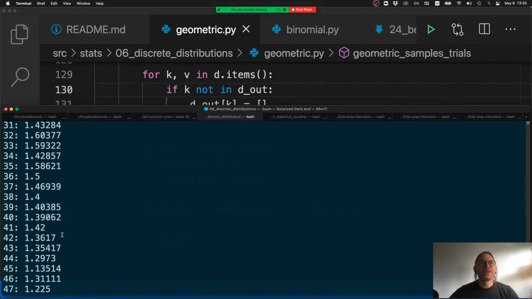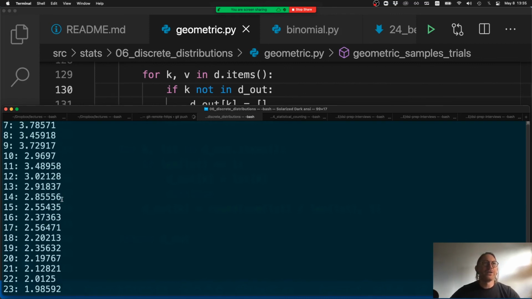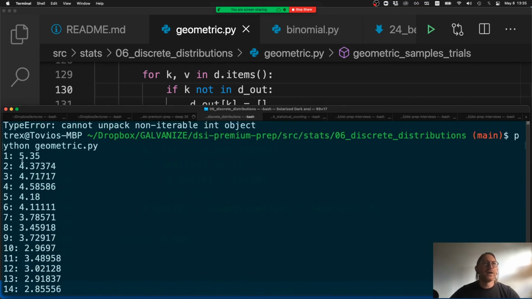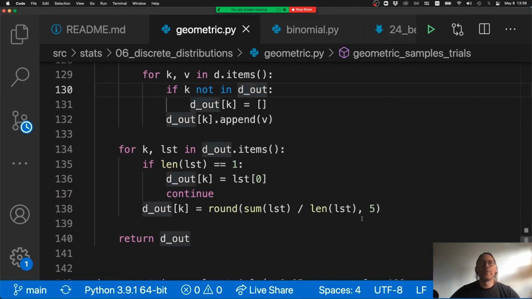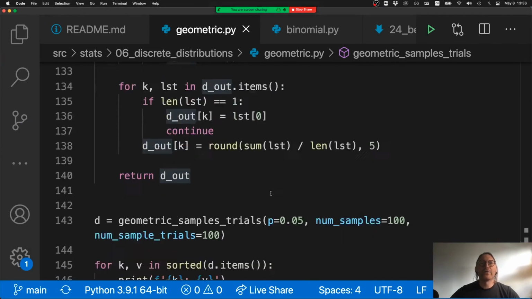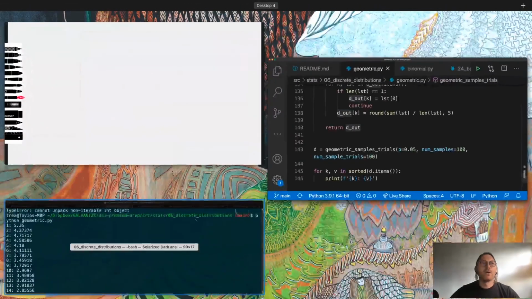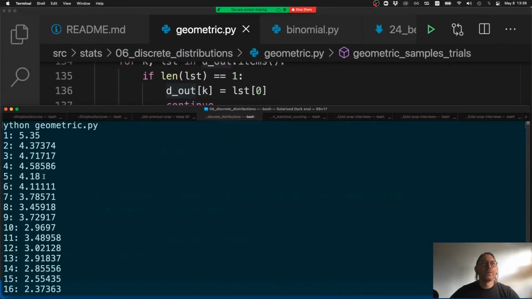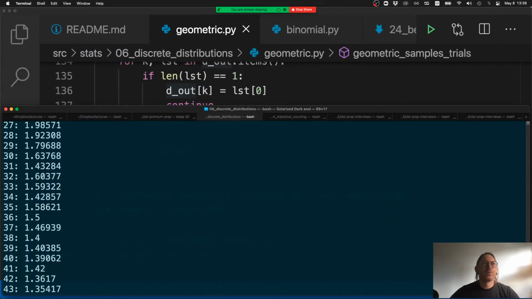And I think this is a good thing to see, right? This is what we expect, the count that we expect to see for all of these items. And given that our probability is 0.05, our count for any given item is pretty low.